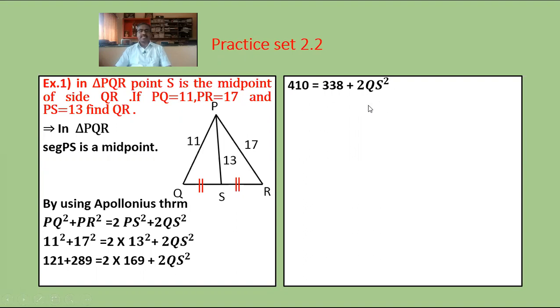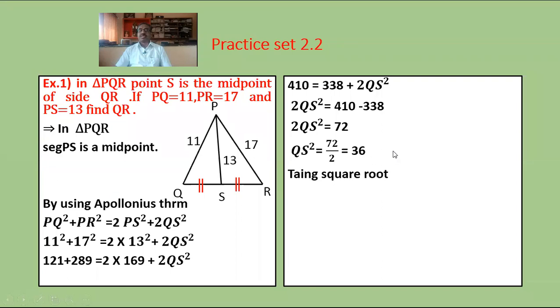338 goes to the LHS side, then we get minus. 2QS square is equal to 410 minus 338. Subtraction of this, 410 minus 338 is equal to 72. Therefore, 2QS square is equal to 72. QS square is equal to 72 upon 2, is equal to 36.